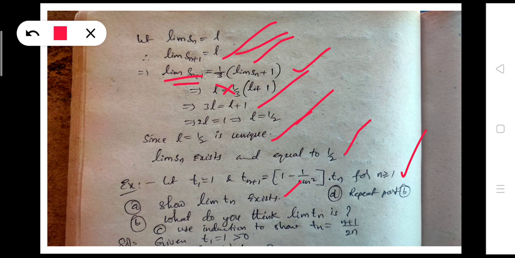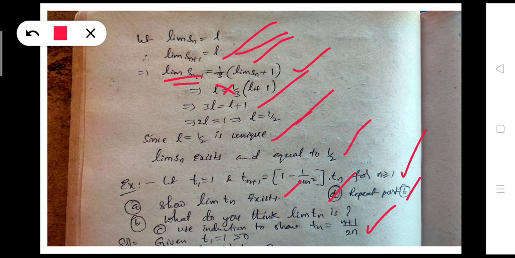Part C: use induction to show T(n) is equal to (n+1)/(2n). Part D: repeat part B, what do you think the limit of T(n) is?